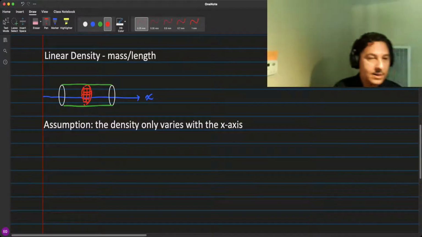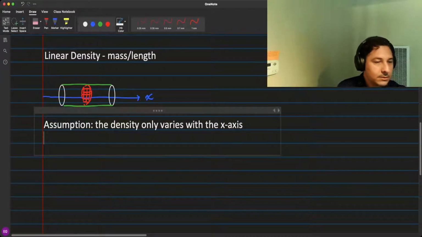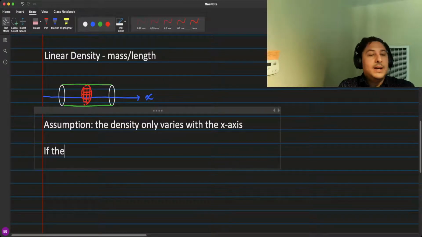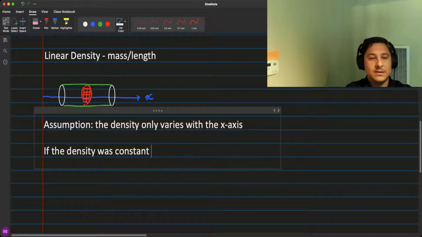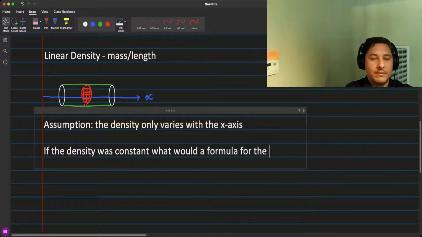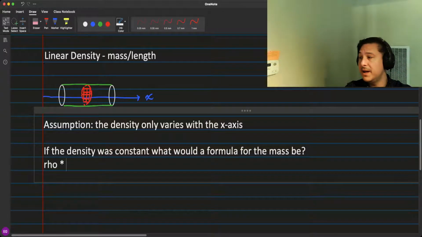If the density was constant, what would a formula for the mass be? Well, you would take whatever your density is, which is rho, and then multiply by how long the rod is.